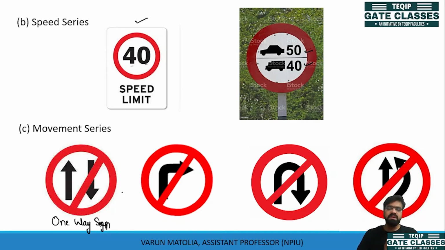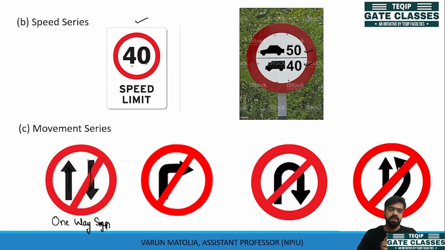The image itself tells you that traffic movement in both directions is not allowed. Means traffic movement in one direction only is allowed. This directional movement is prohibited, and this directional movement is allowed. So this tells you that one-way traffic movement is applicable for the stretch of road, and the opposite traffic is prohibited.